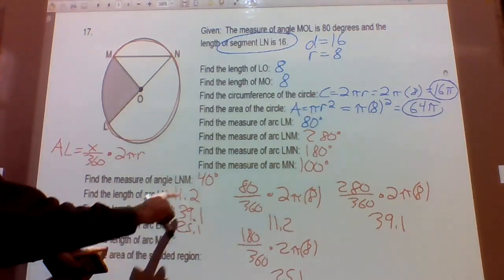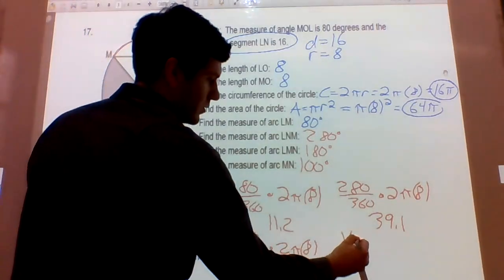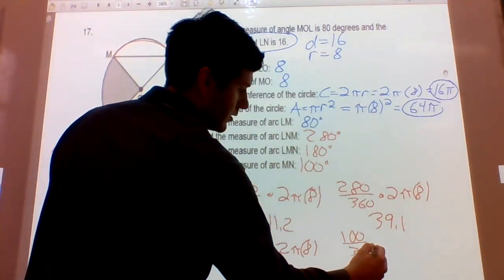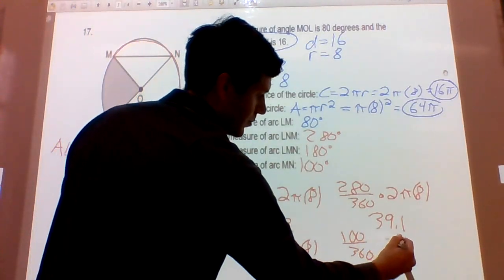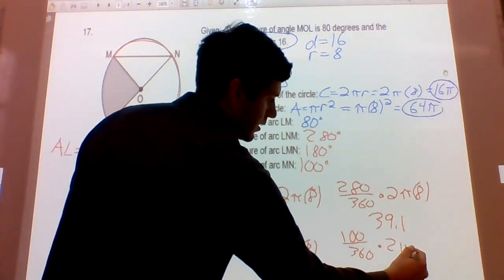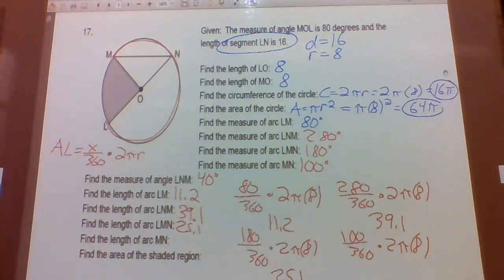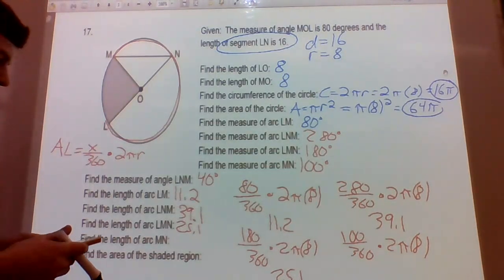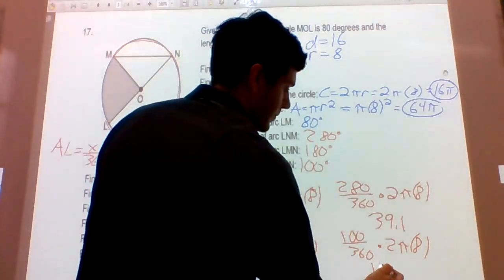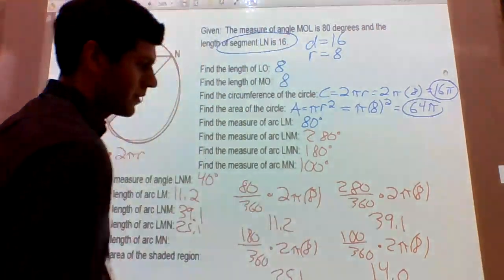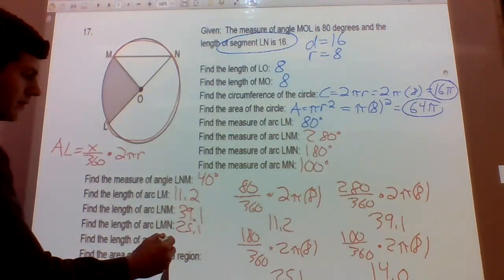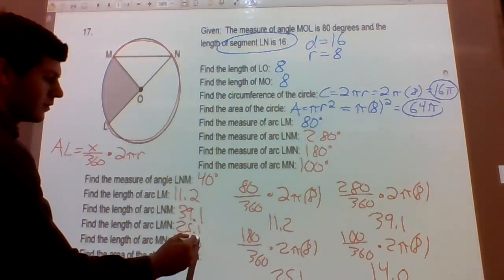The measure of MN we know is 100, so it's just going to be 100 divided by 360 times 2 pi times 8. We just put it in the calculator. 100 times 2 pi times 8 divided by 360. It's 13.96, so that's going to be 14.0. Okay, so the length of arc MN is 14.0.